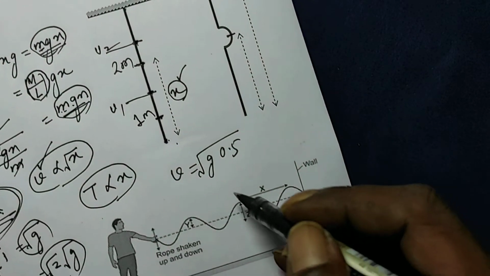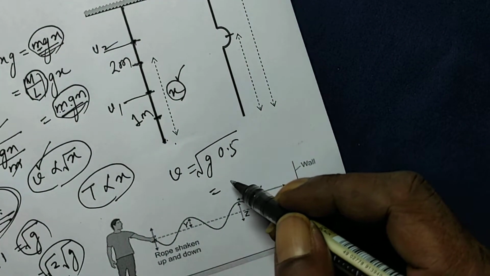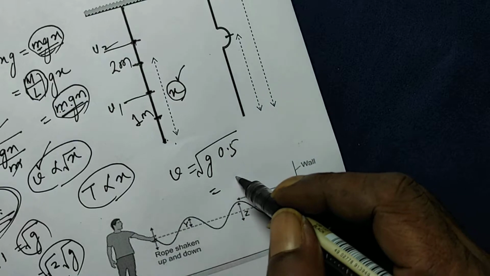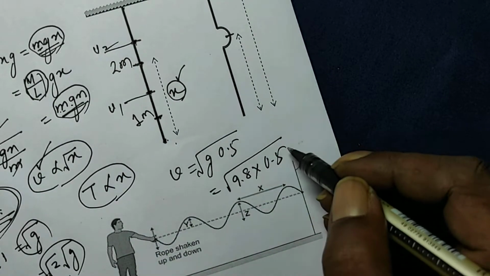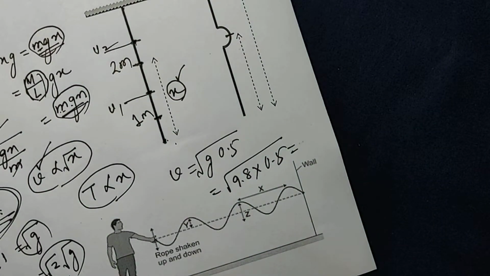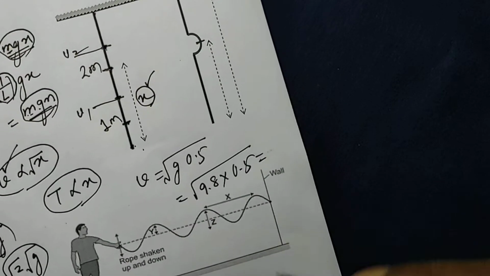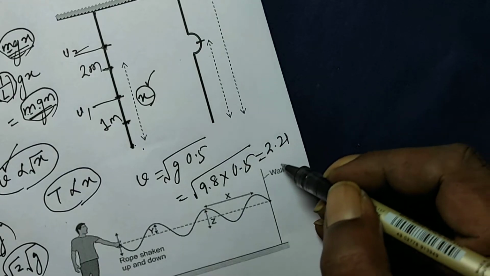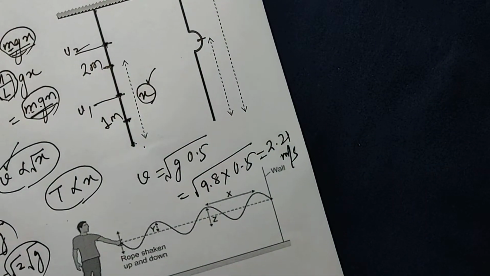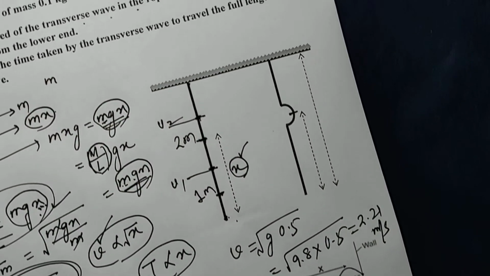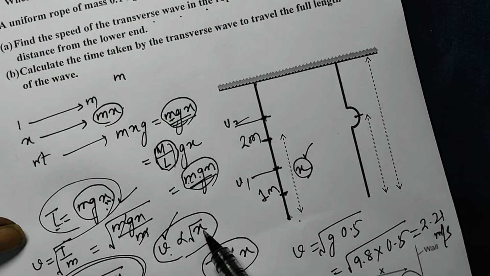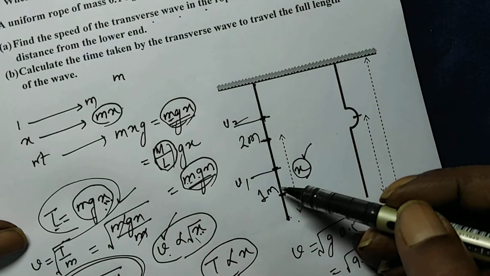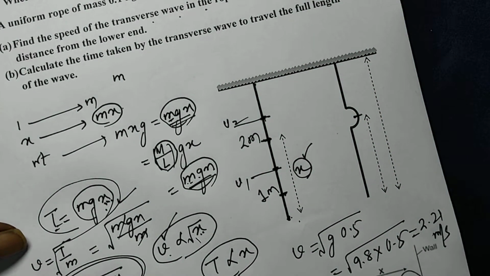So if you put the value of g as 9.8 and 0.5 and take the square root, your velocity comes out to be 2.21 meter per second. What is interesting here, you must understand, this velocity is not constant. It depends on square root of x, means at different points the velocity is different.